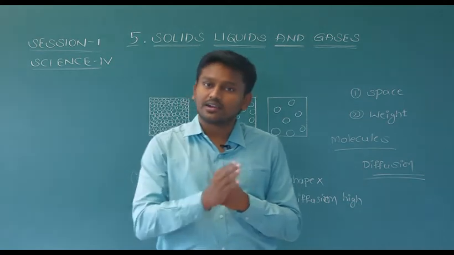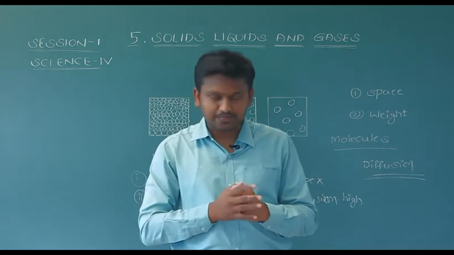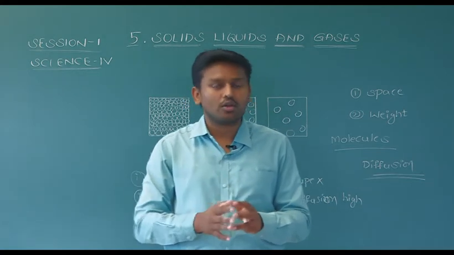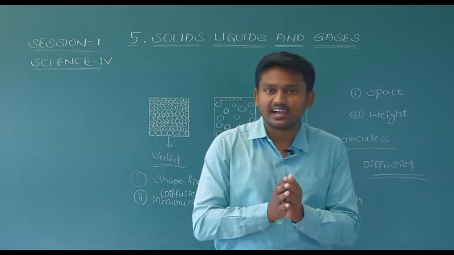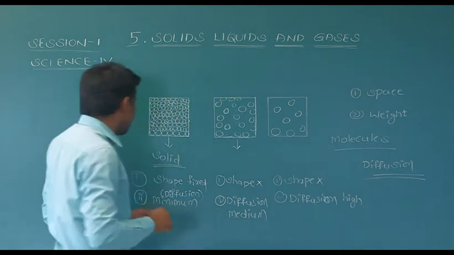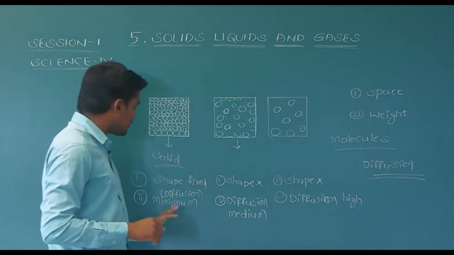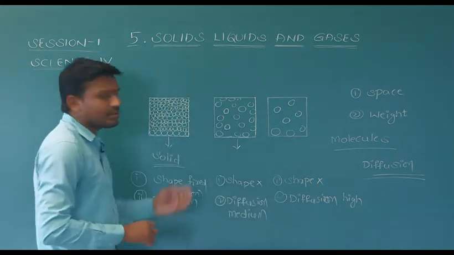This dry gas is in the solid state. You can see images on Google or videos on YouTube. Dry gas changes directly from solid to gas. So, we have seen diffusion is minimum in solids, medium in liquids and high in gases.